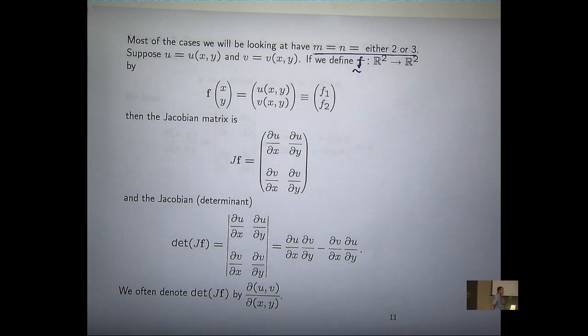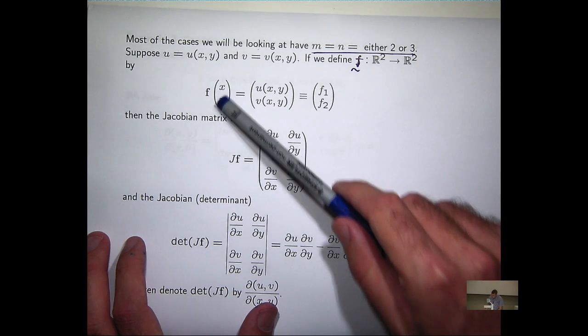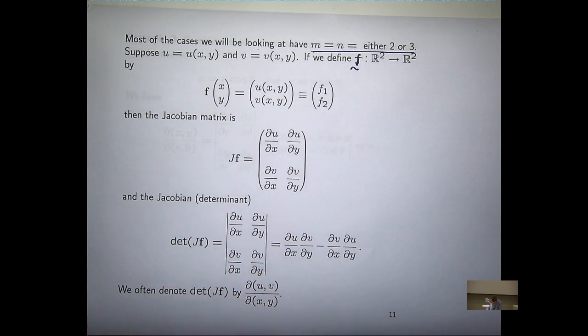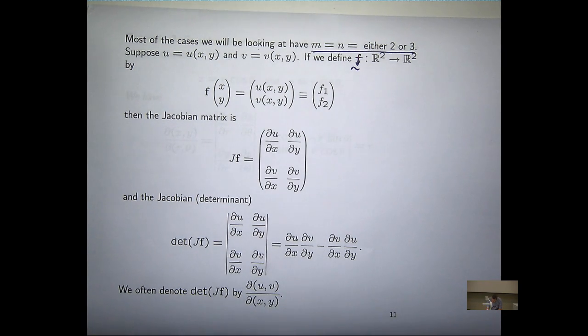So if you've got these independent variables x and y, and you've got functions u and v, then you can write down the Jacobian matrix. Now, a very important aspect of the case when we have a square Jacobian matrix is the determinant. And this is important for all sorts of reasons, and we'll discuss a couple of them.